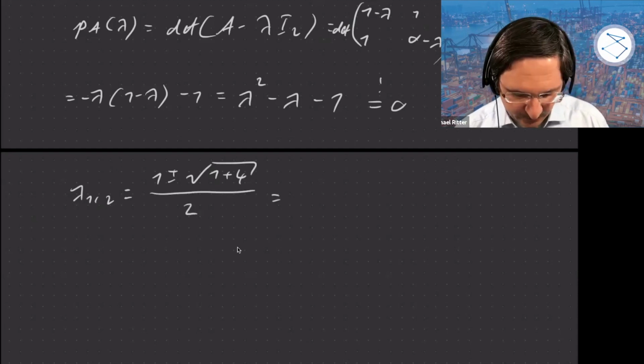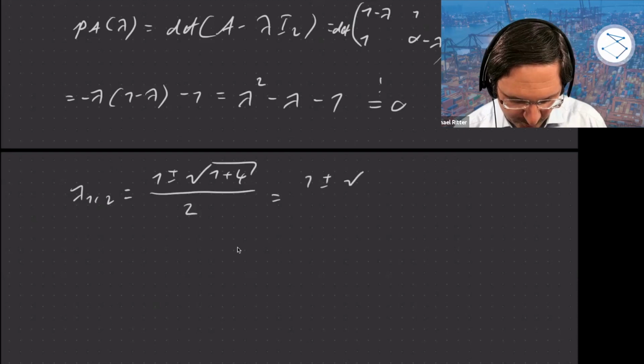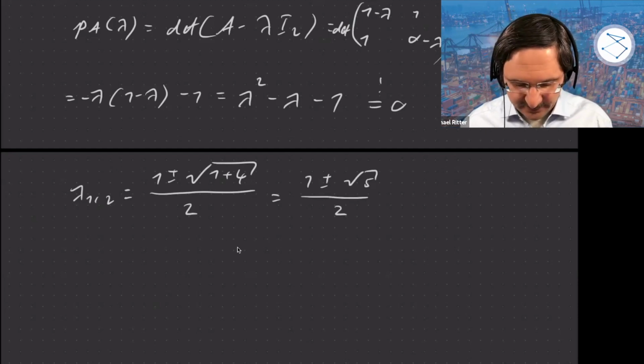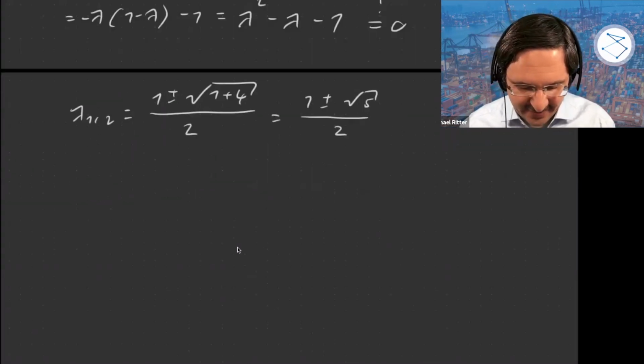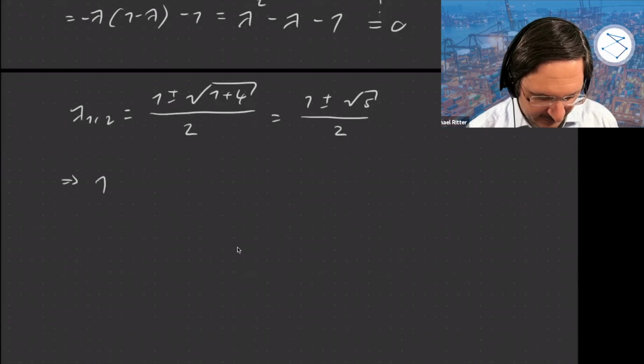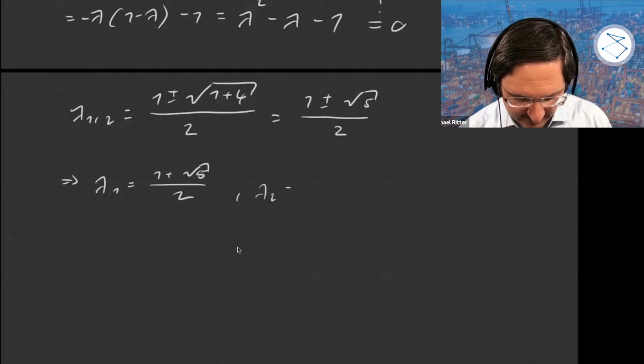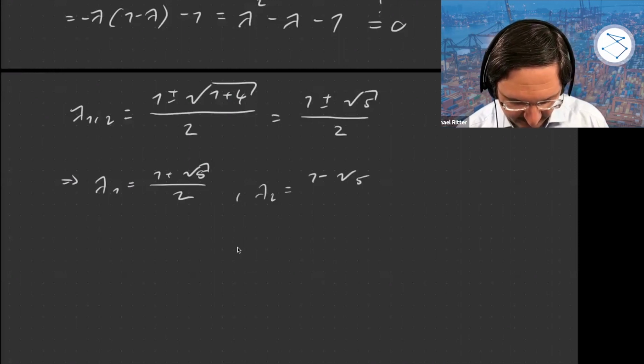So we get 1 plus minus the square root of 5 over 2. So those are the eigenvalues of our matrix A. Lambda 1 is 1 plus square root of 5 over 2. Lambda 2 is 1 minus square root of 5 over 2.